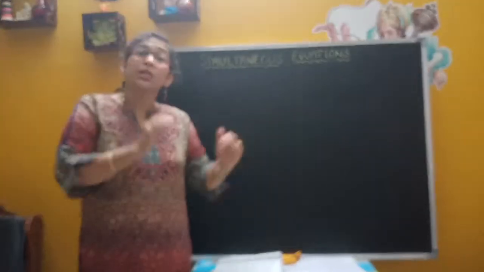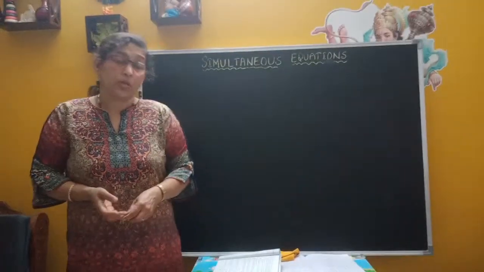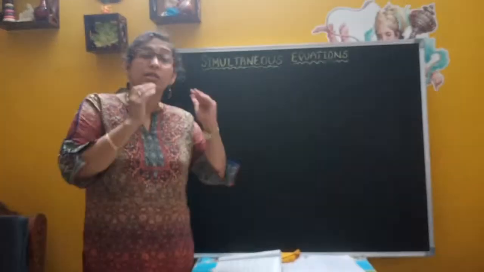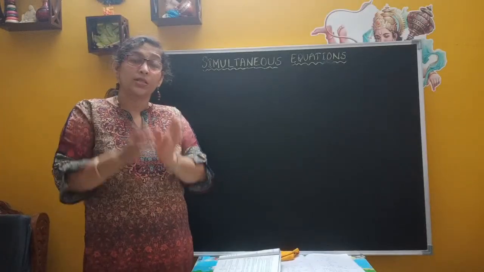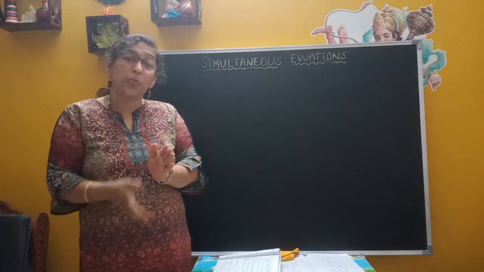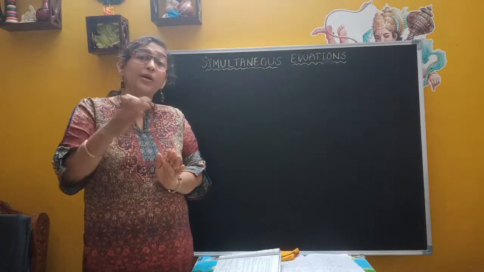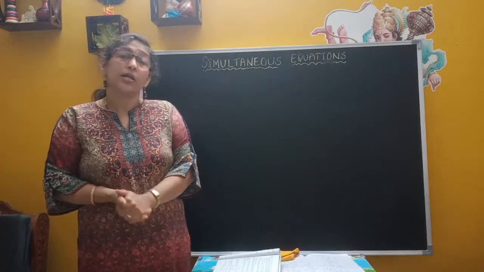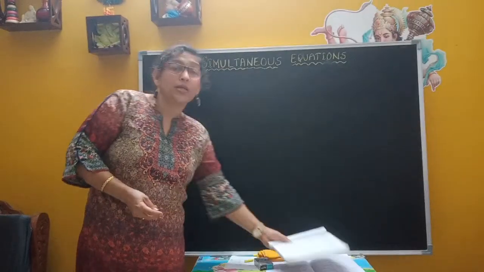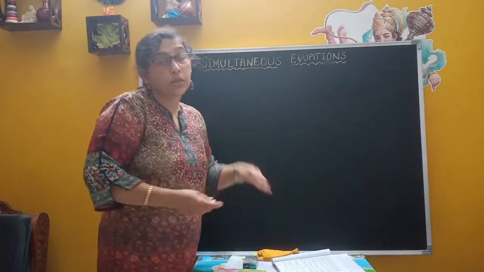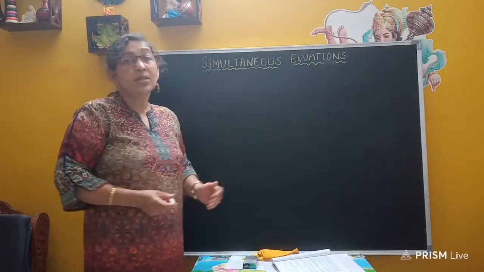So the total charge paid is given here. We need to find how much is the fixed charge, and per kilometer how much he needs to pay, how much it goes up with each kilometer. That we need to calculate here. So first, let us consider the fixed charge as x rupees and the charge per kilometer as y rupees.